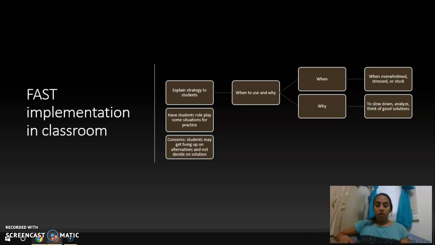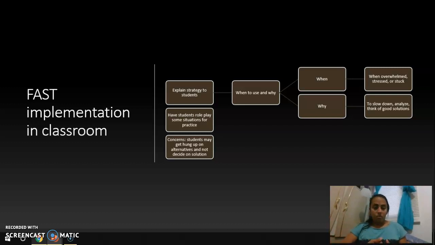And then once I explain the strategy to students, I would have them role play some situations for practice. And then after that, I would encourage them to use this strategy whenever they have problems, or maybe remind them, is this a good time to use the FAST strategy, or something like that.